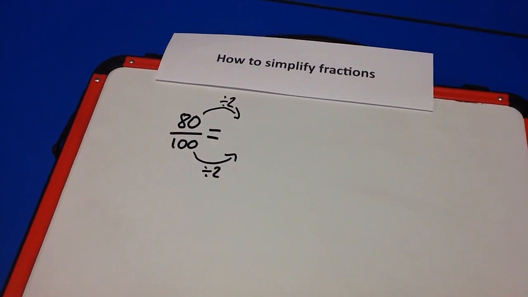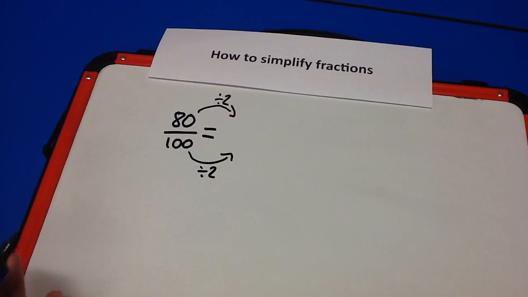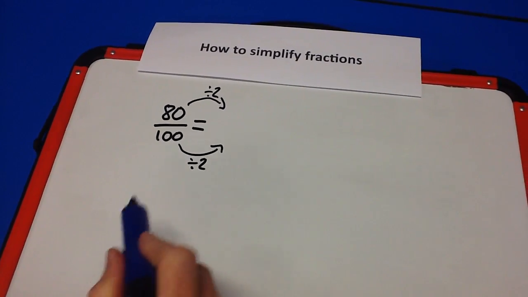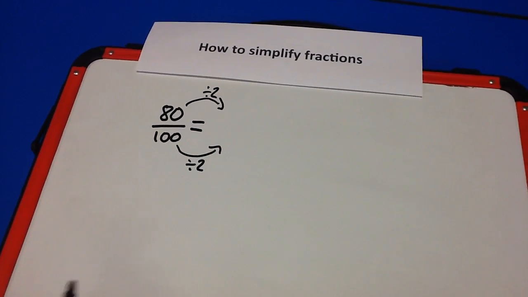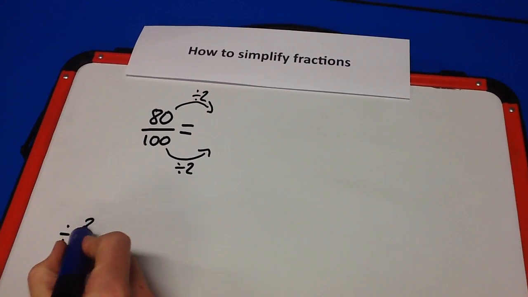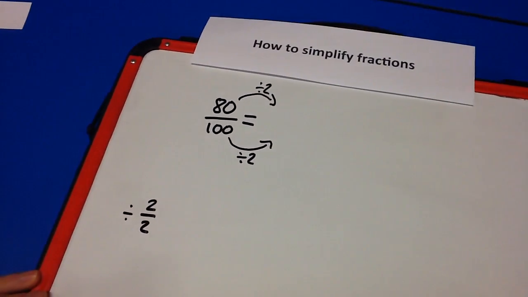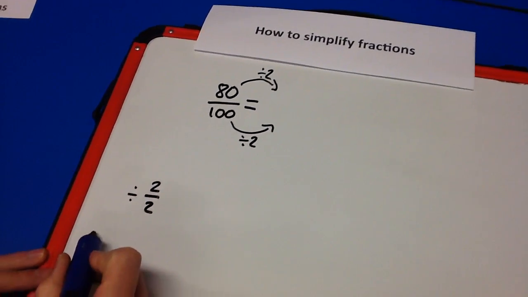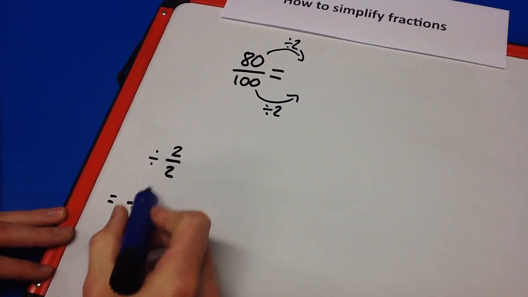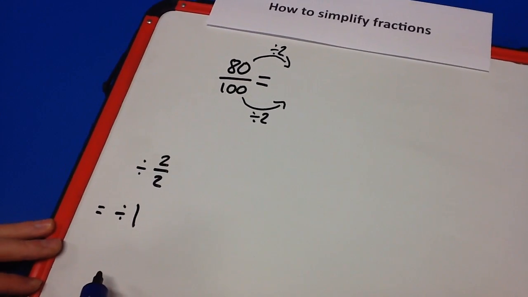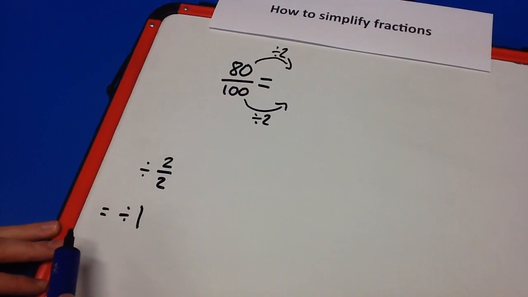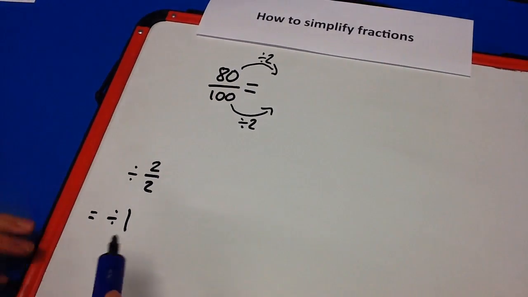And just like in the equivalent fractions, we're still finding fractions that are the same, and therefore whatever we do to the bottom we have to do to the top. Effectively we are dividing by 2/2, which is the same as dividing by 1, because 2/2 is a whole. So if we divide by 2/2, the value will stay the same. Divide by 1, the value stays the same.